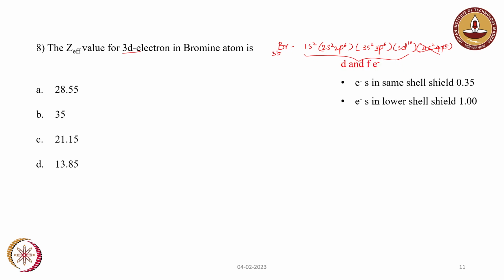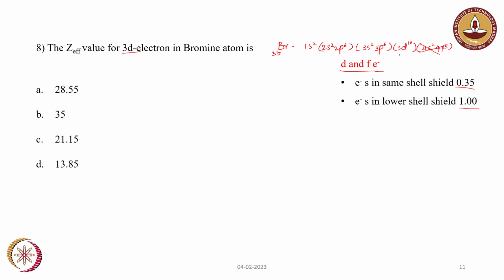So for d and f electrons, the rule is electrons in the same shell shield 0.35 and in lower shells shield 1.